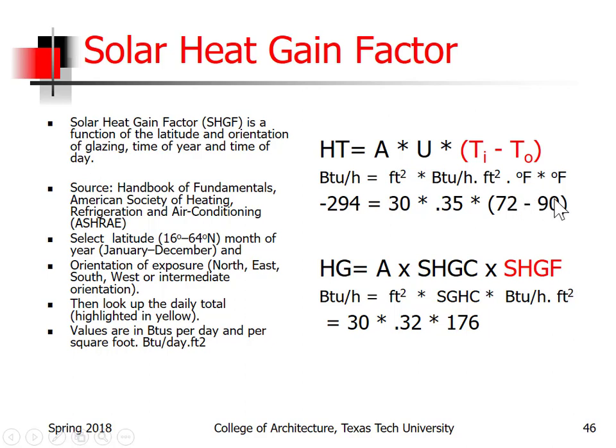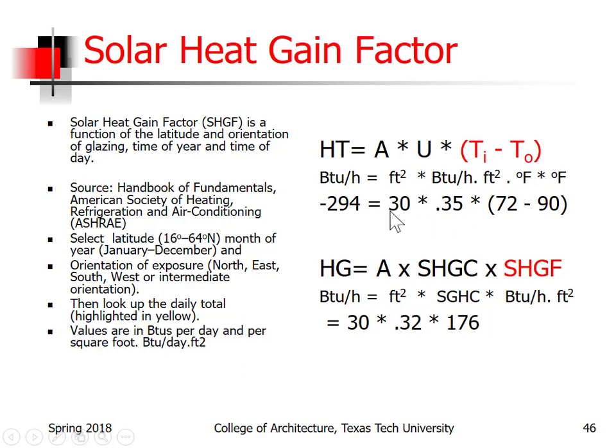Here we're interested in the differential between the interior and exterior temperature, the interior temperature being TI, TO, right? And that becomes the driving force for transmission. This is transmittance. This is transmission. One's with an SS and one's with a TT. And so if it is 72 inside with 90-degree temperature outside, then a 30 square foot window, same as this one. In this case, the U factor is 0.35.